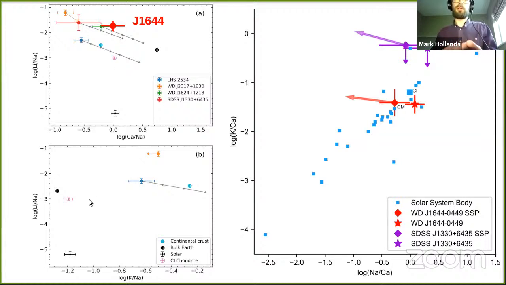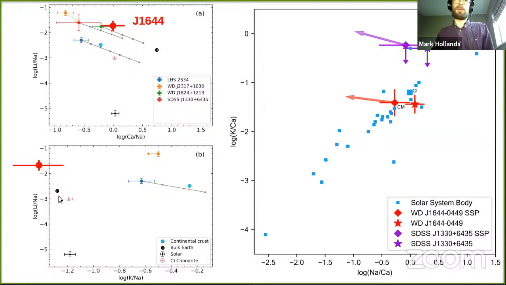But when we put it on this plot, you see the difference. It doesn't even appear on our plot. It's off to the side. And so this system really is not able to be explained by a crust composition.